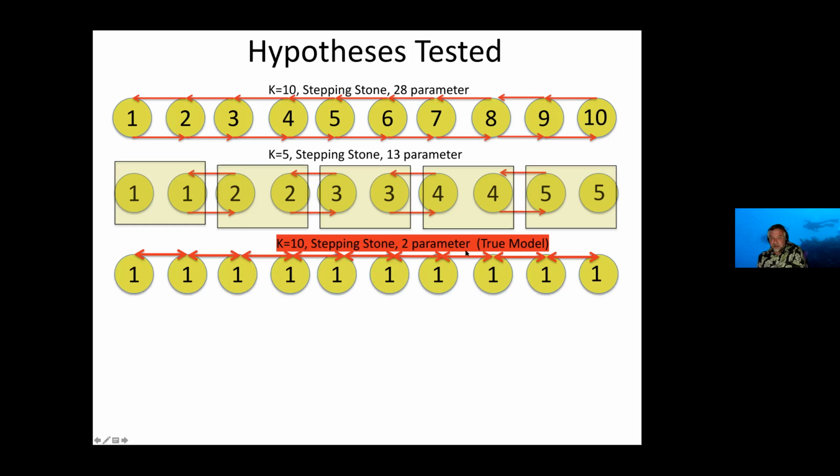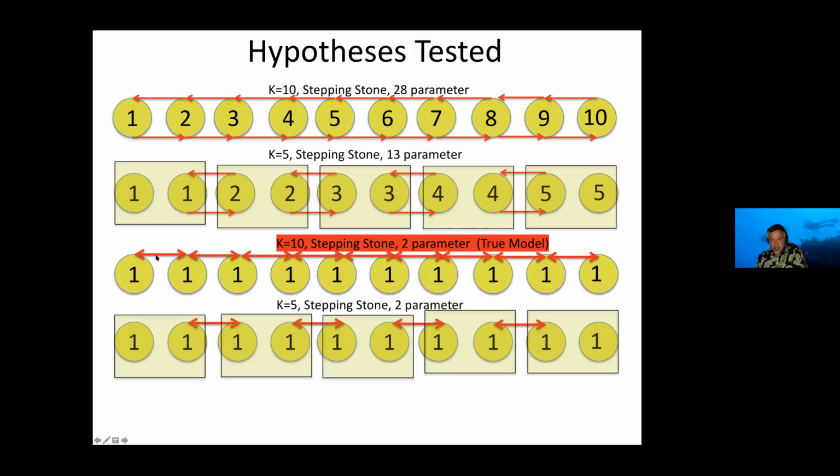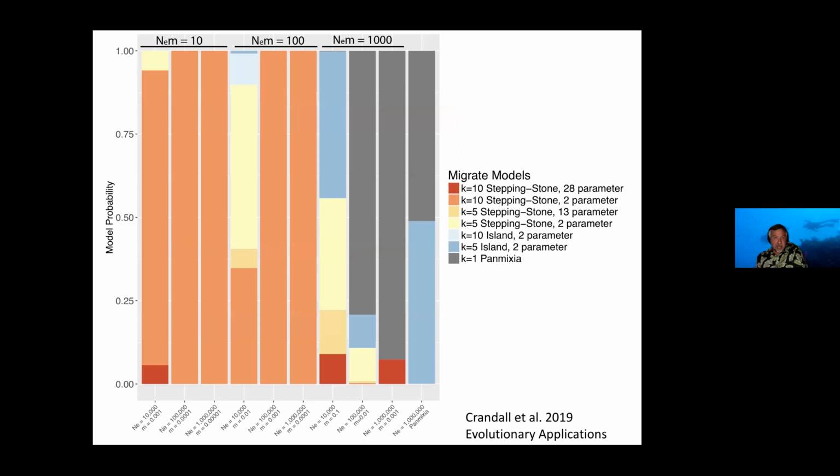I tested the hypothesis which was the true model that the data were simulated under, which is that all populations have the same size and are exchanging migrants at the same rate. I tested a variant of that, again, with regions, as well as an island model where all populations are exchanging migrants at the same rate with different numbers of regions, as well as the hypothesis of panmixia. And these are the results I got.